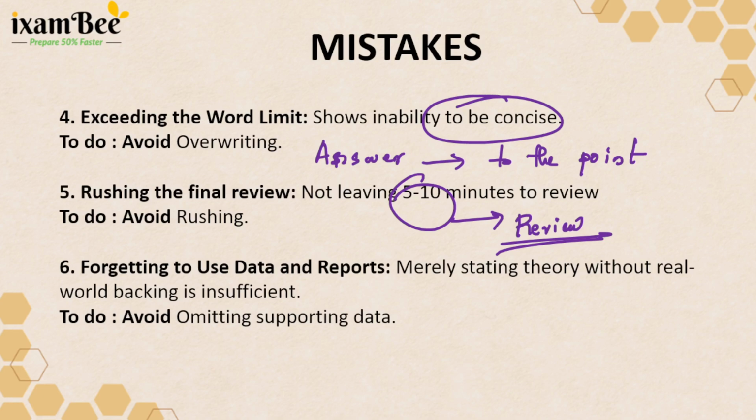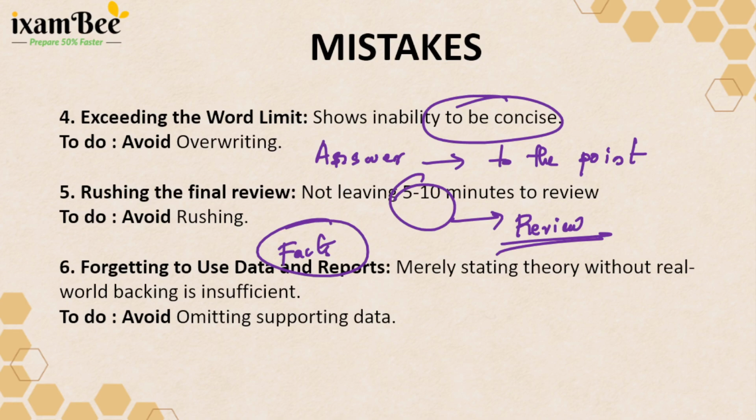Coming to number 6, forgetting to use data and reports in your writing creates a big problem in your answer writing. If you're not making use of data and facts, your answer will be merely stating theory, so it won't have any real-world backing.